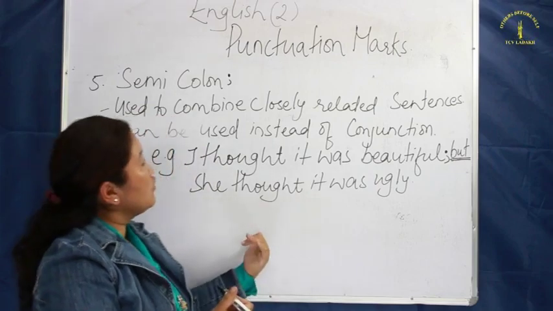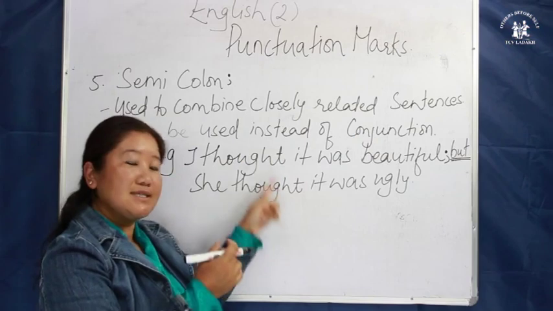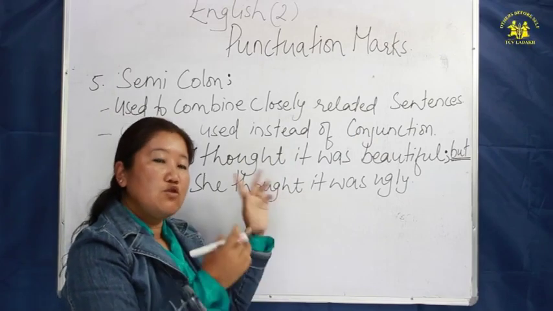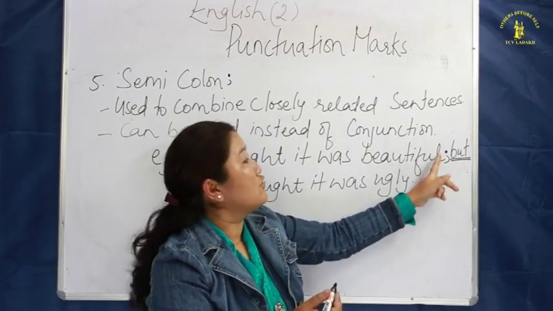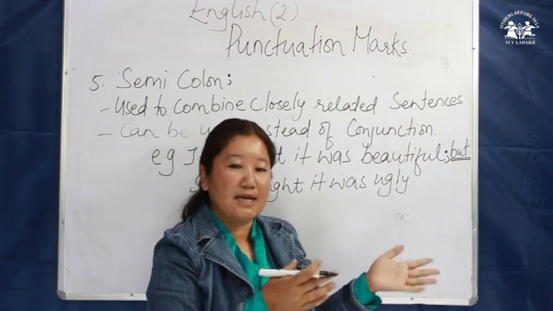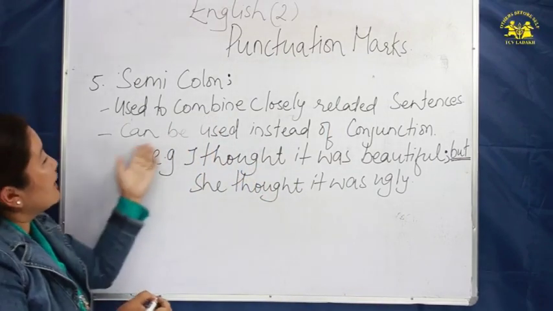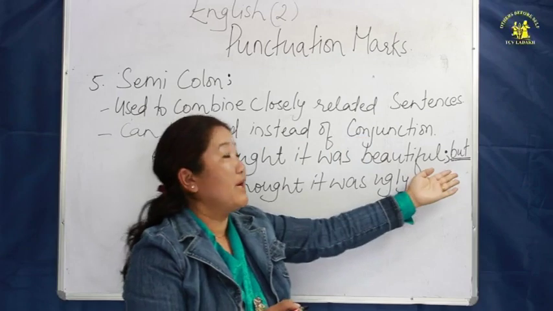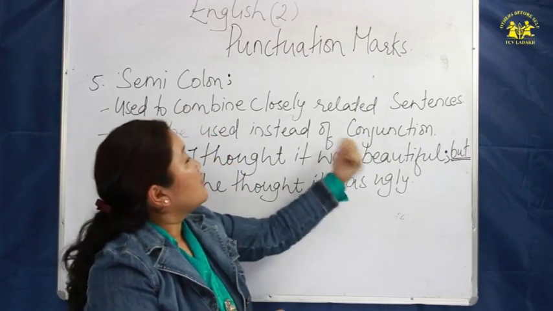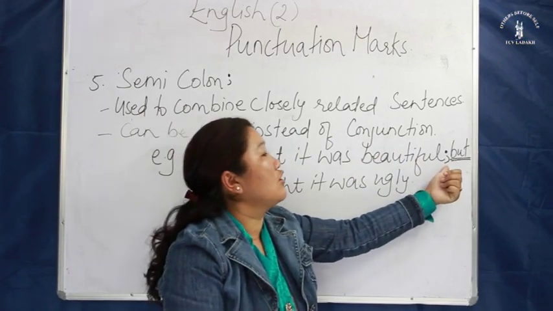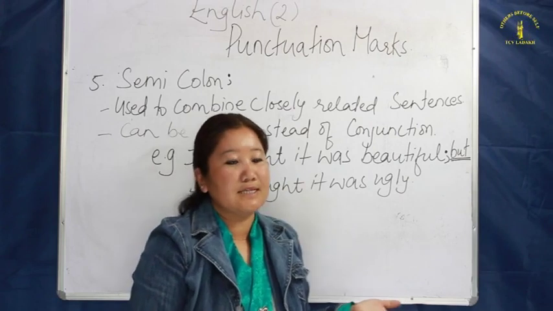It can be used to combine closely related sentences, because these two sentences are related to each other. It is a kind of pause. But is also known as a linking word or a conjunction, but over here the semicolon takes the place of the conjunction.